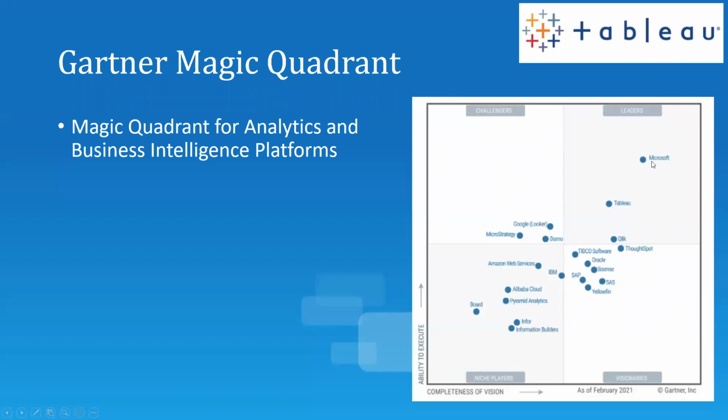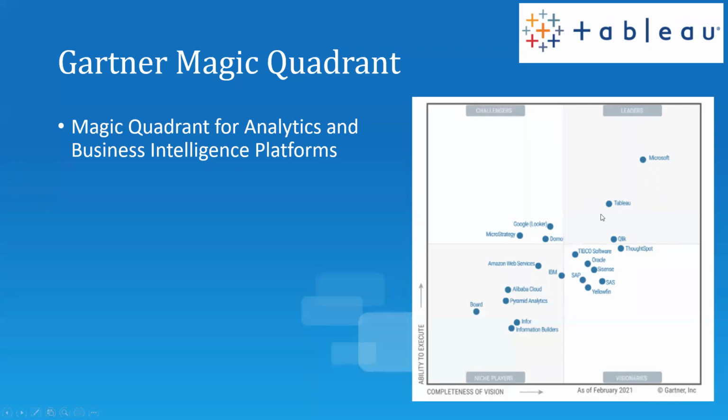When it comes to Microsoft, it's Power BI, and then Tableau, and we have Qlik. And you can see other products as well. Oracle is a visionary, and Infor is a niche player. Google is a challenger.